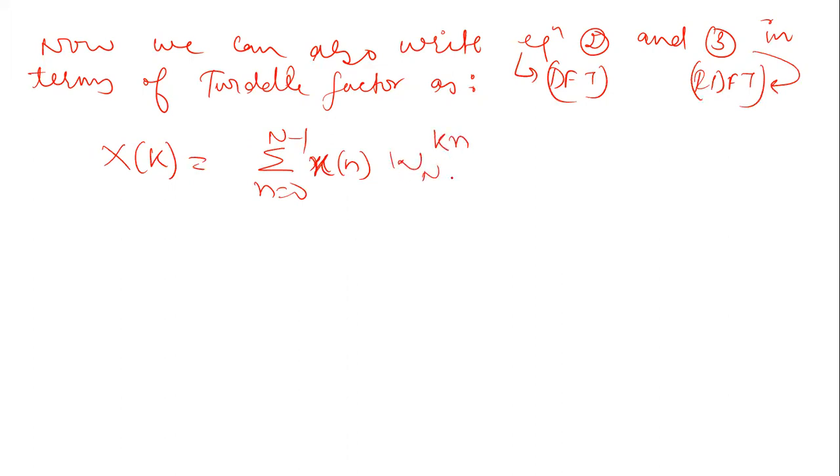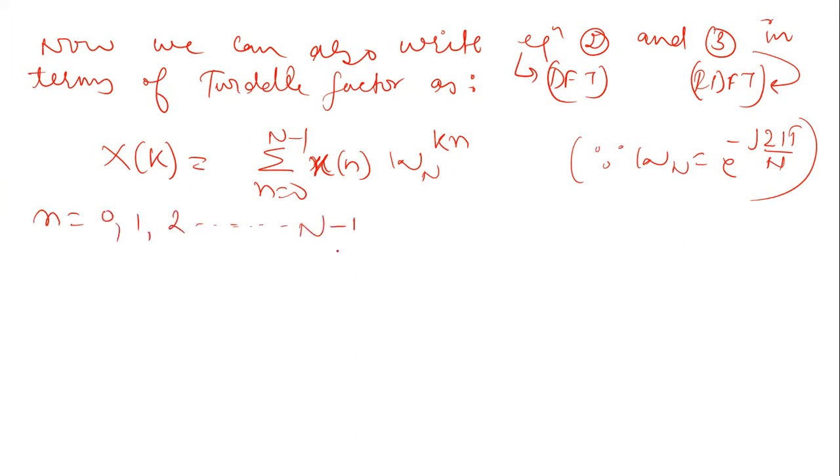So what we have done, we have replaced, because W_N is equal to e^(-j 2 pi / N), right? So n is equal to 0, 1, 2 up to N minus 1.